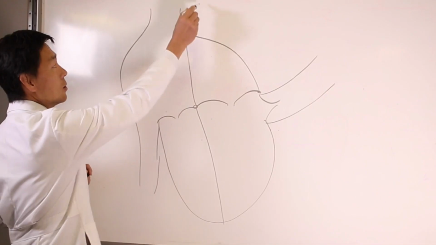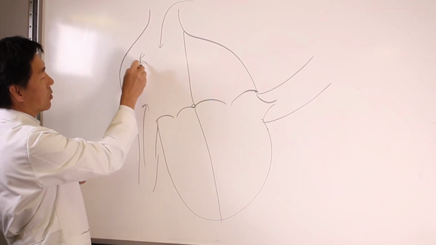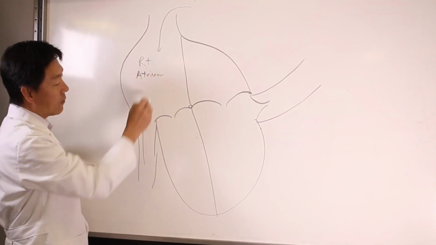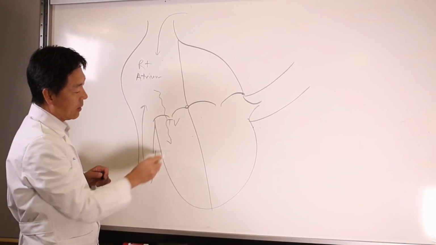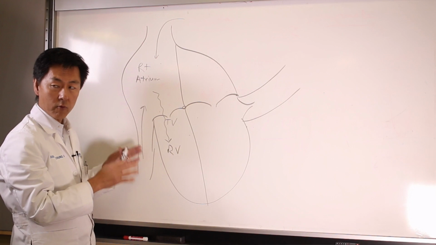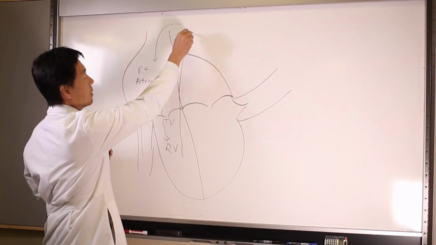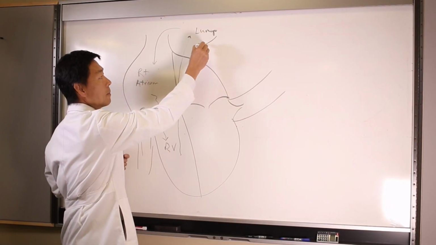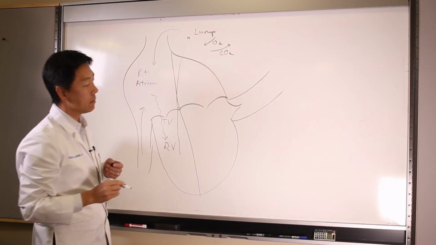Blood returns from your head and from your legs and abdomen into the right atrium, and then it flows through this valve called a tricuspid valve into the right ventricle. That's the bottom right side of the heart. This chamber then pumps blood to the lungs where you breathe, so you're picking up oxygen and blowing out carbon dioxide.